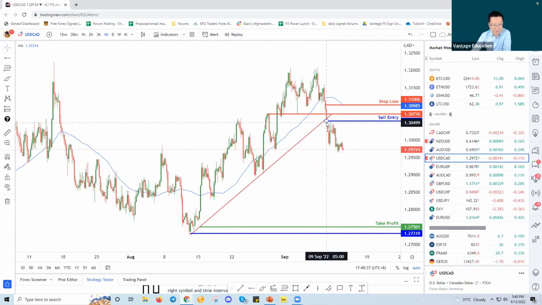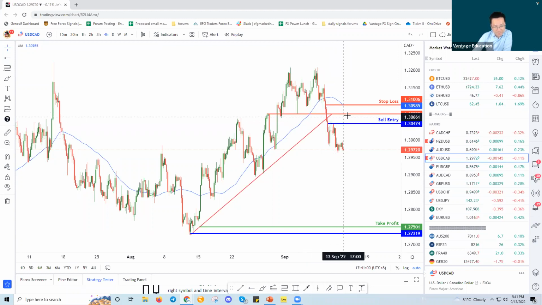I actually have this trade. As it broke down from that, I think I got in just slightly after that, just below 1.3050. So just after that, about there, as it broke that trend line towards the downside.